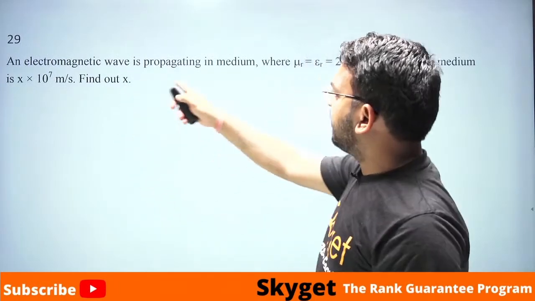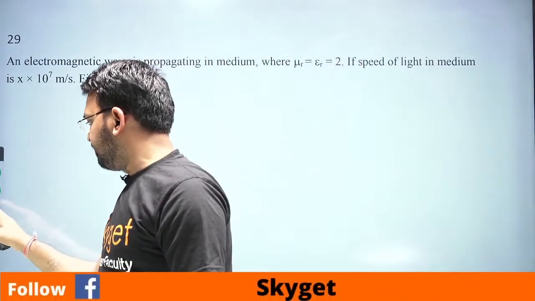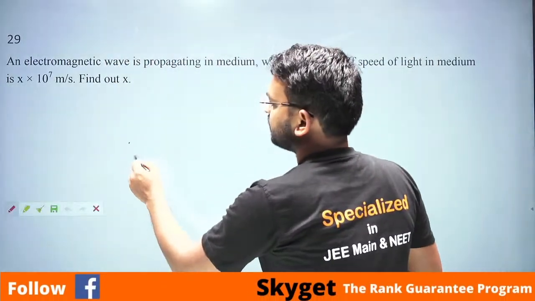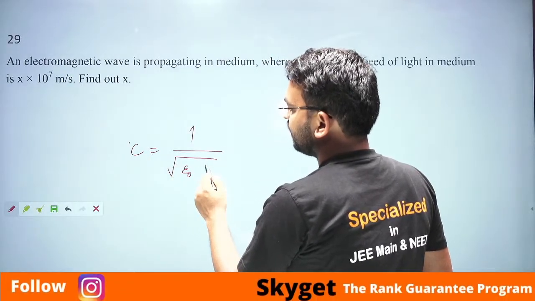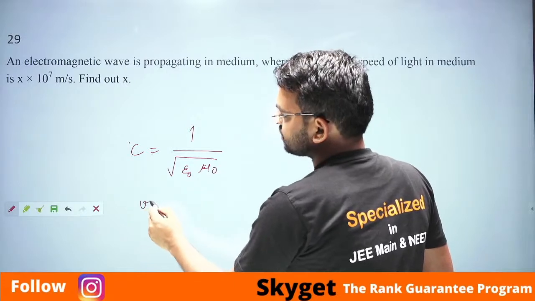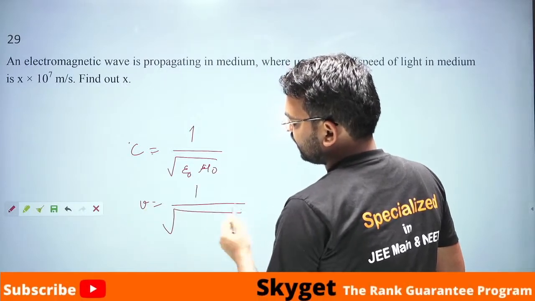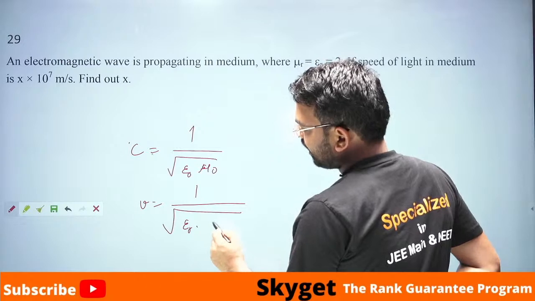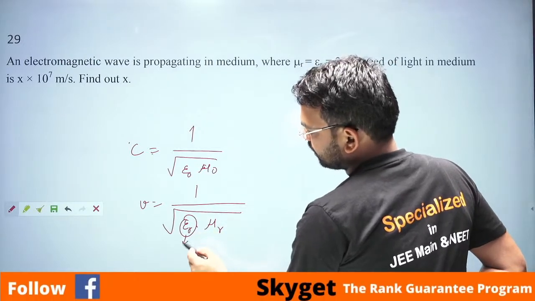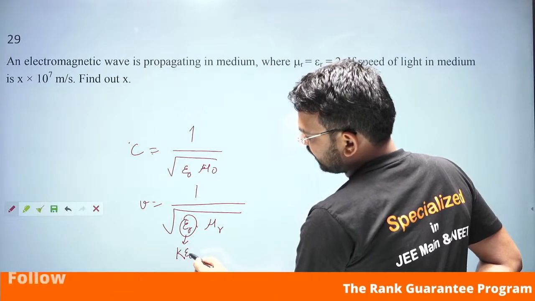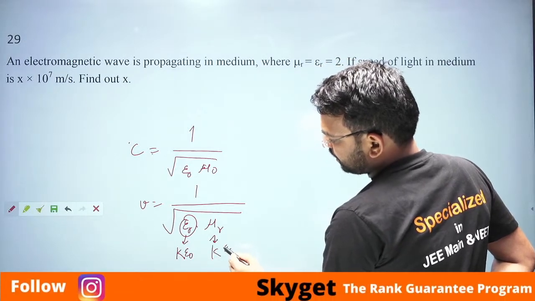Simple. Electromagnetic wave propagates, simple equation based question. If you remember, C is equal to 1 over square root of epsilon naught into mu naught, and velocity is basically 1 over square root of any value. Let's suppose this is going to be epsilon r times mu r. And epsilon r is what? It can be K into epsilon naught, and this can be K into mu naught.